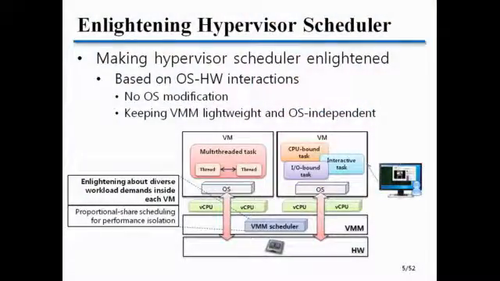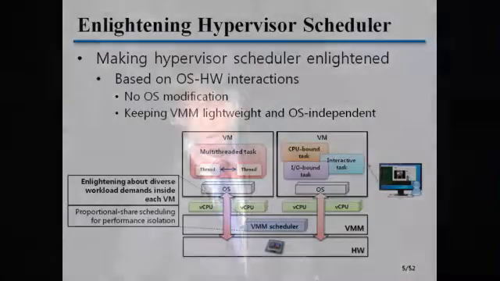So in order to solve this, we aim to enlighten the VMM scheduler about the computing demands of internal workloads by using OS hardware interactions. By using existing OS hardware interactions without adding additional interfaces to the operating system, we can keep the VMM still lightweight and OS independent, without OS modification.